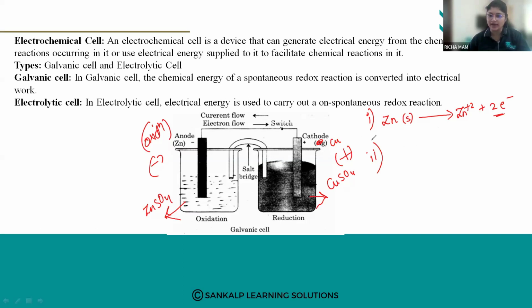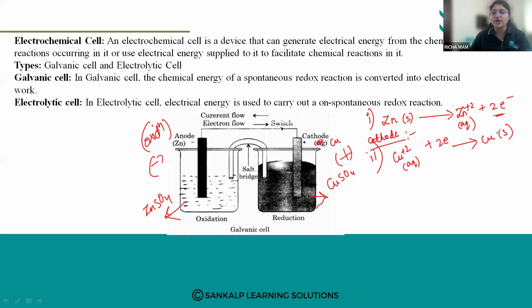Now at the cathode, reduction will occur, a gain of electrons. Cu2+ ions take up the 2 electrons given in the first reaction and get reduced to copper metal, which is solid.